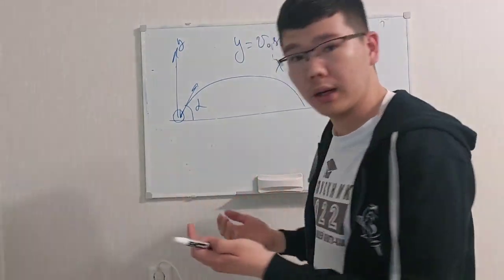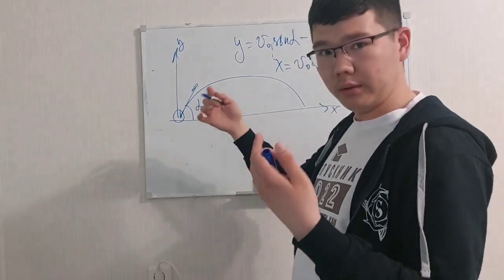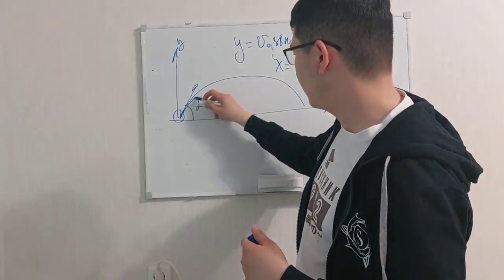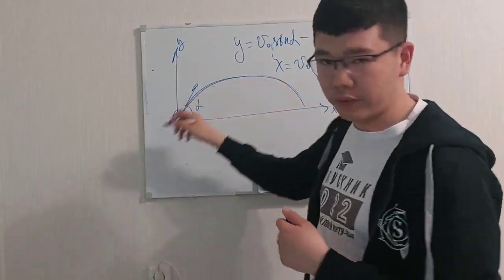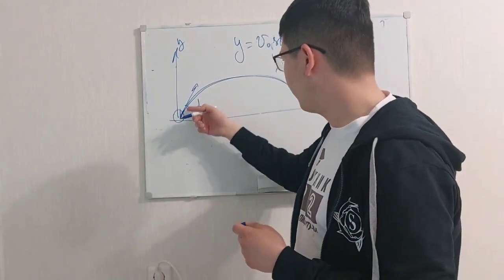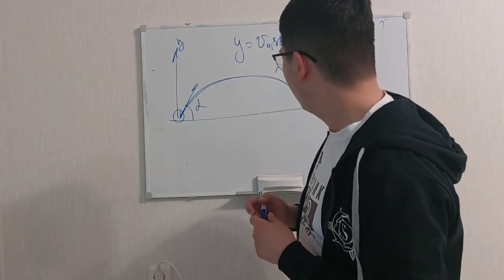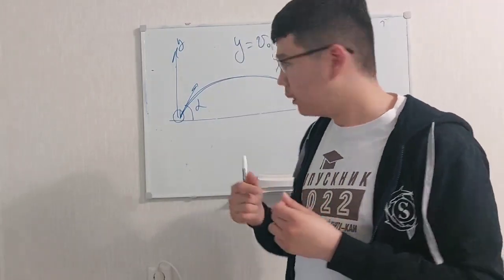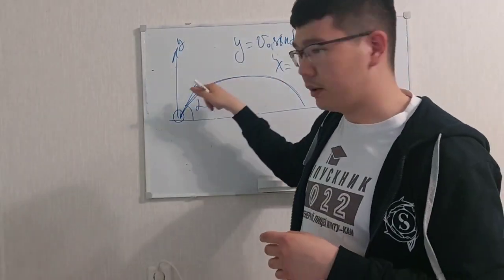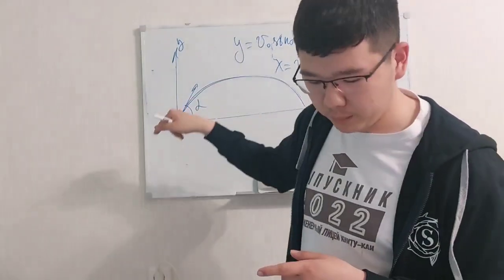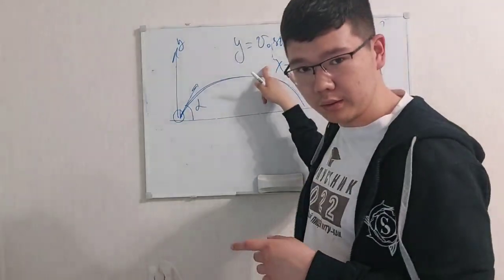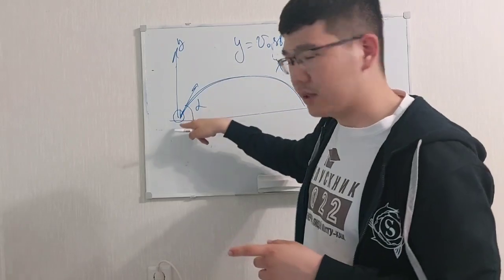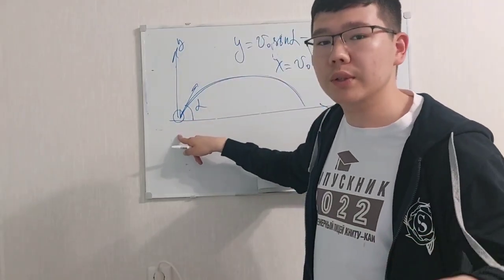So the real motion that we see is quite difficult. The trajectory is quite difficult. This is the parabolic figure. And we have the task to simplify this problem, and to simplify it, we now study not this difficult motion, but two independent motions that happen with this body in the same period of time.